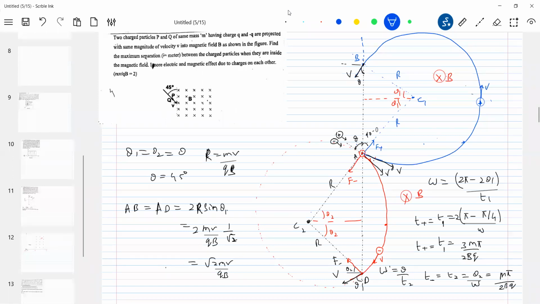By the time the negative charge particle moves like this, how much angular displacement will it have? Theta is m pi by 2 bq, so pi by 2. When it undergoes pi by 2 radians of angular displacement, the other will also undergo the same in that interval of time.